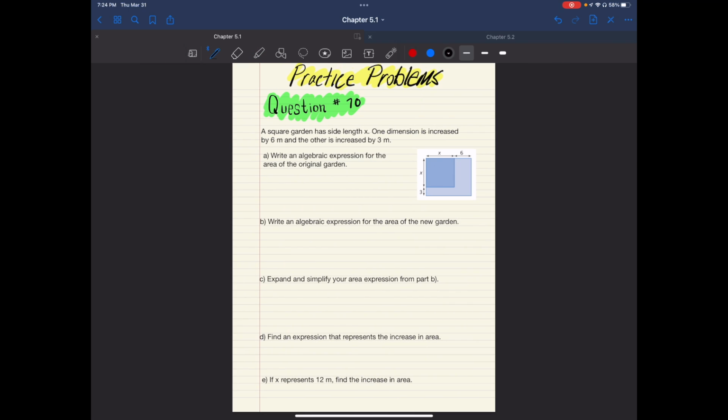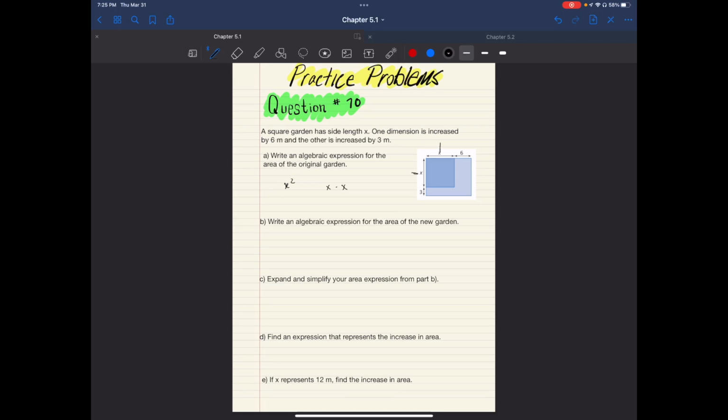A square garden has side length x. One dimension is increased by 6 meters and the other is increased by 3 meters. Write an algebraic expression for the area of the original garden. Well, that's easy. Area is length times width. So x times x is going to be x squared. Write an algebraic expression for the area of the new garden.